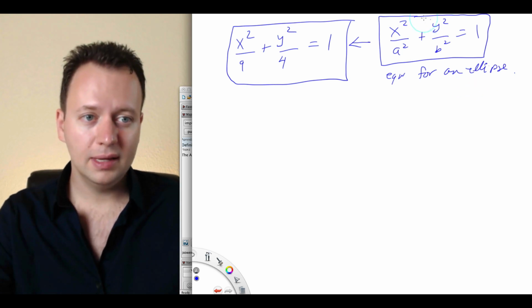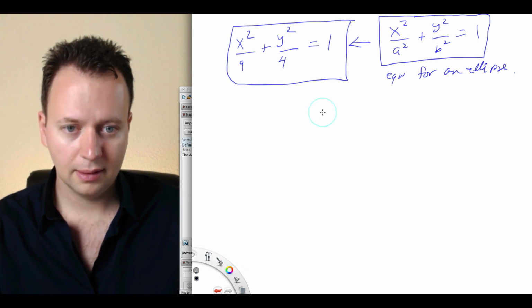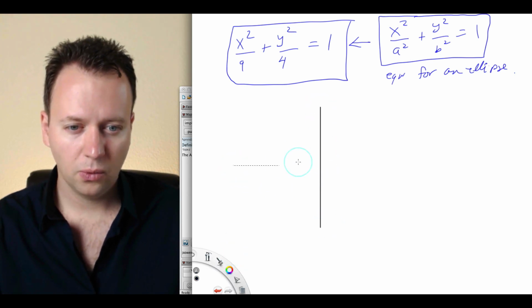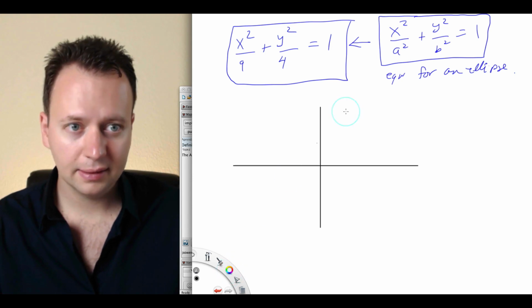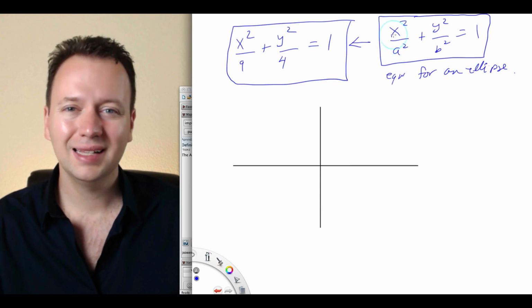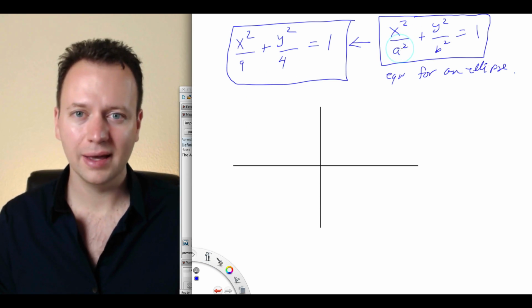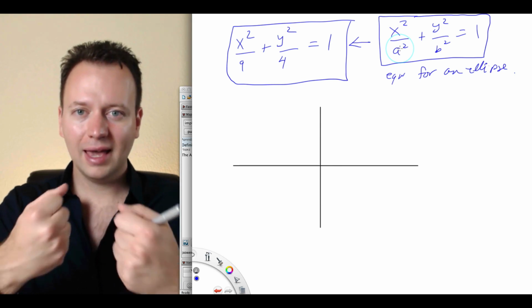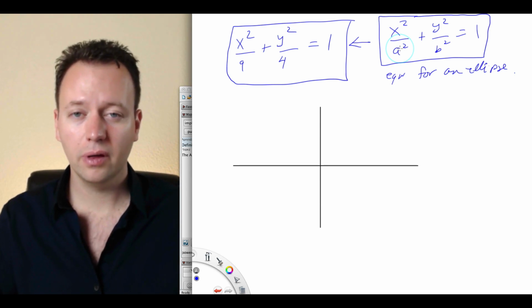So to see what this ellipse might look like, well, why is it an equation for an ellipse? Well, there's a very simple way to see that. Basically, the x variable is stretched. So x is replaced with x over a. In that case, it's a horizontal stretch of the graph.